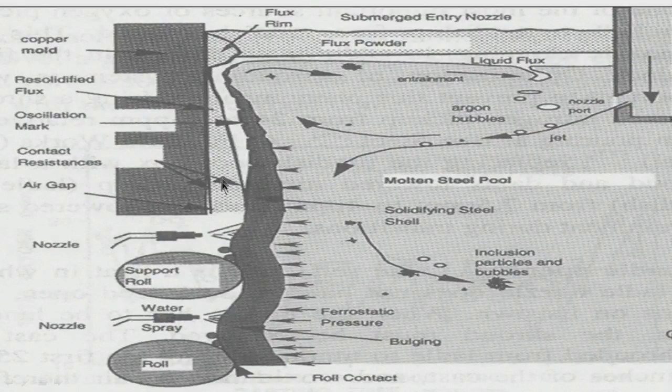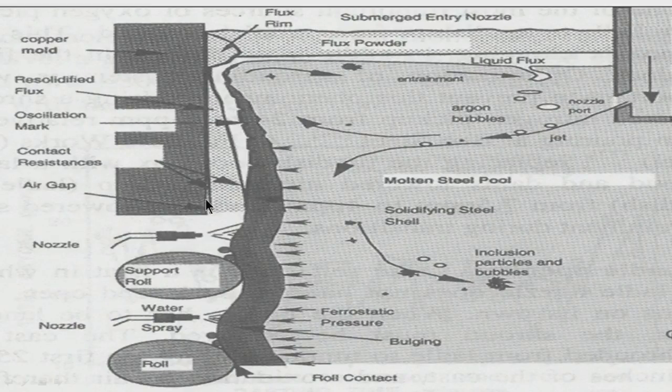So, what happens because of the shrinkage, there is a possibility of formation of an air gap here, because whenever a solid shell is forming from the liquid steel, solidification causes shrinkage. There is a volume change, so there will be shrinkage.